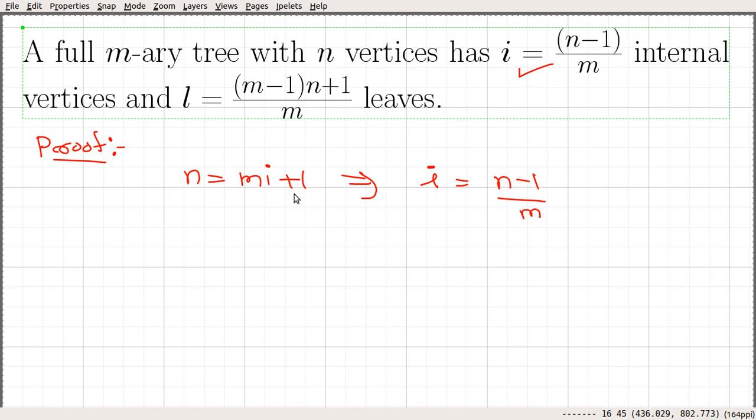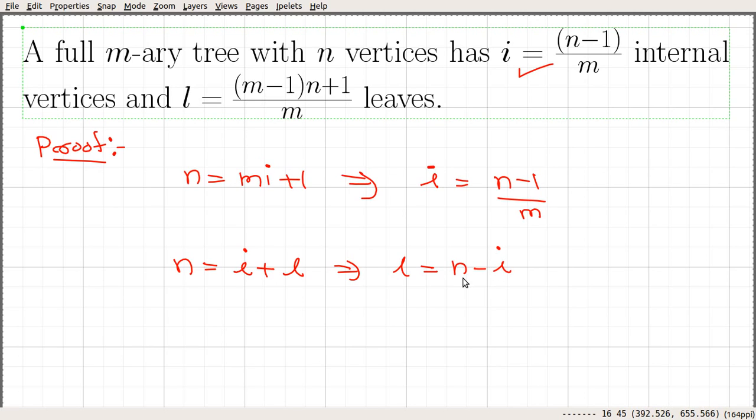So we proved this part. Here we have this condition: the total number of vertices is equal to the total number of internal vertices plus the total number of leaves.